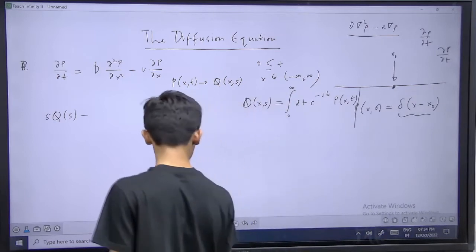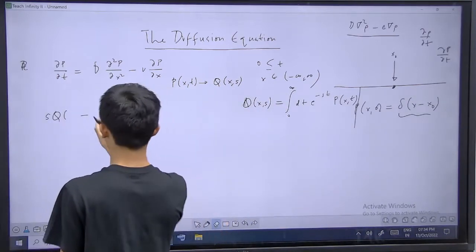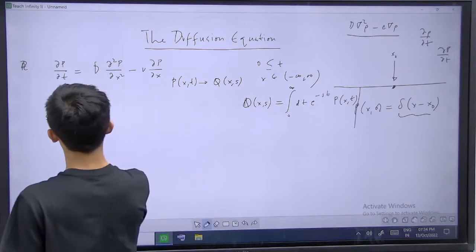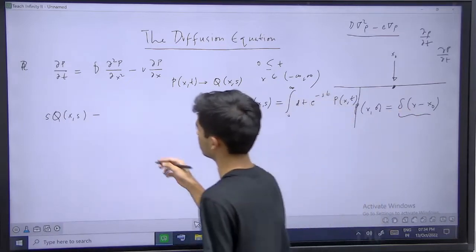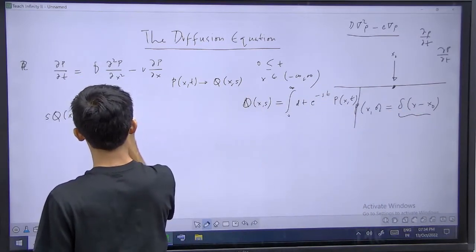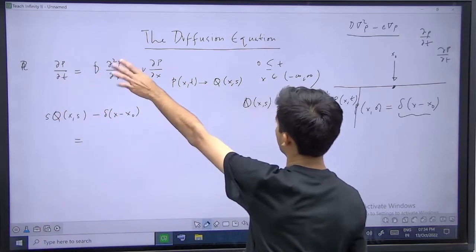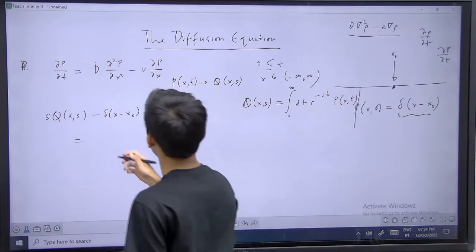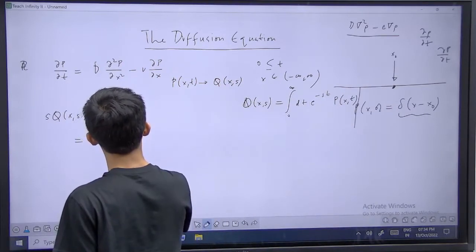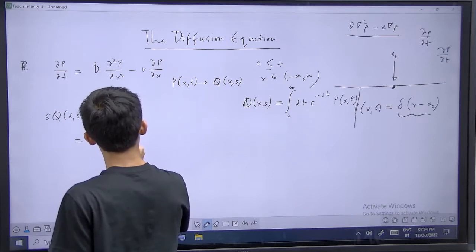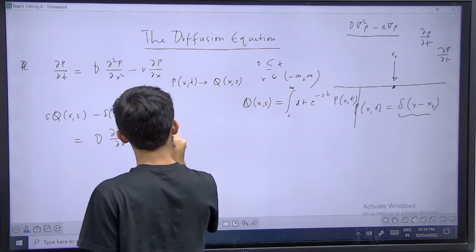So we get s times q of x comma s minus delta of x minus x naught, and the rest is simply unaffected, except we replace these p with capital P. I don't know why I'm using so many p's and q's for that. Okay, so D del squared q over del x squared is v del q over del x.